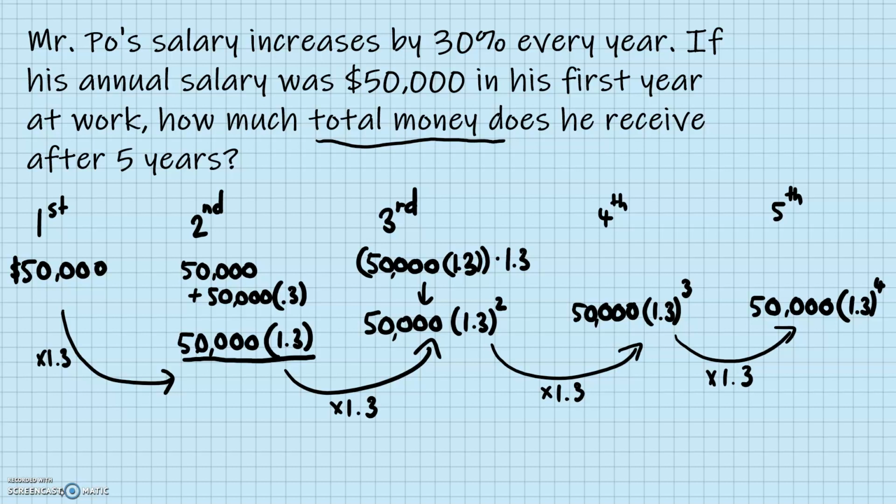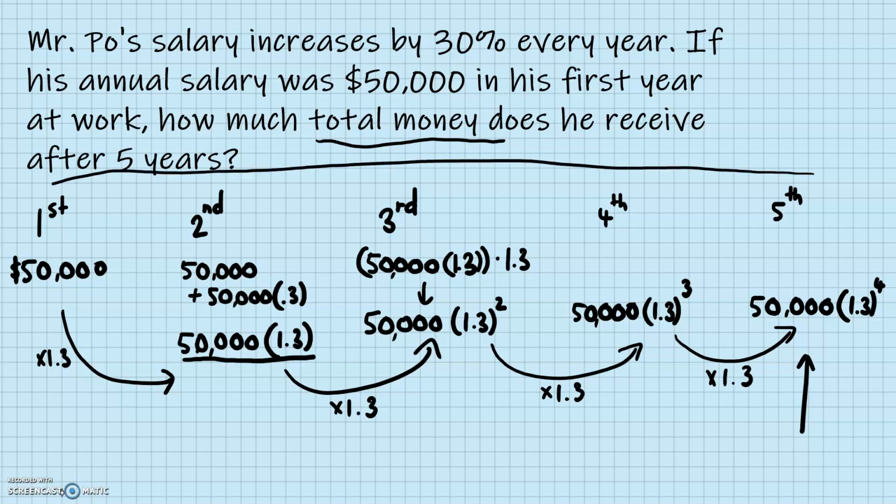So this question is asking, after it's been 5 years, how much total money does he make? So it's actually asking us to add all the money that he made during those 5 years. So this looks like a geometric series, not a sequence. We're adding all the previous salaries together.